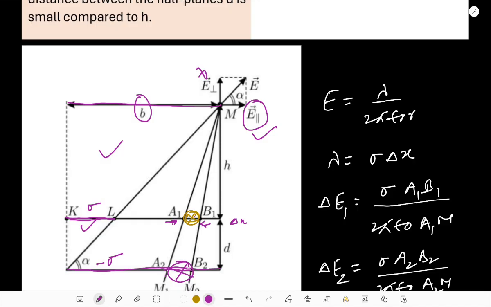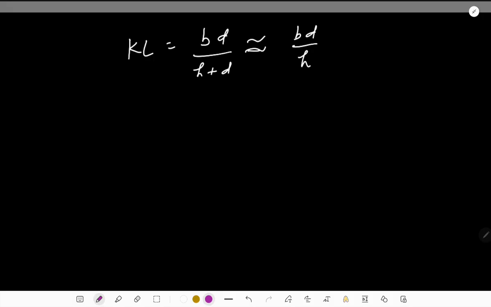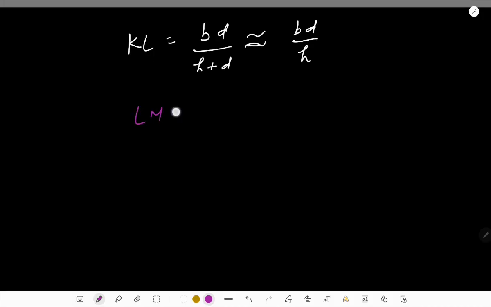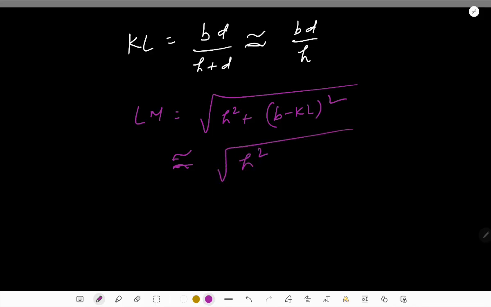So from this triangle, LM can be simply written as H square plus B minus KL, length KL square, and that is going to be approximately equal to, since B is quite big, I'm not going to put it as infinity right now, I'm still looking for approximations, but I can still write this LM as H square plus B square.